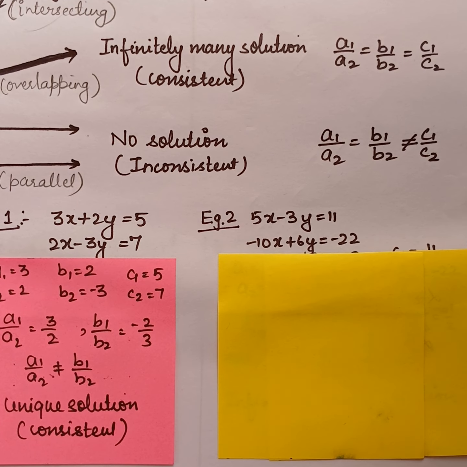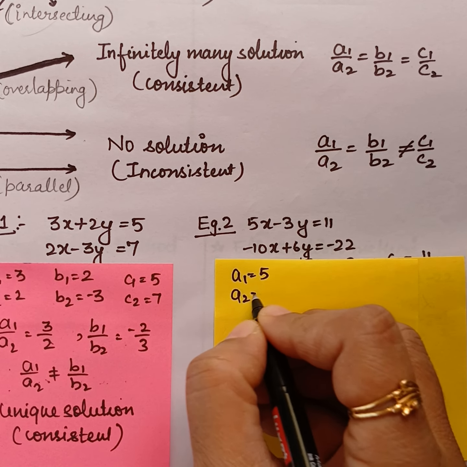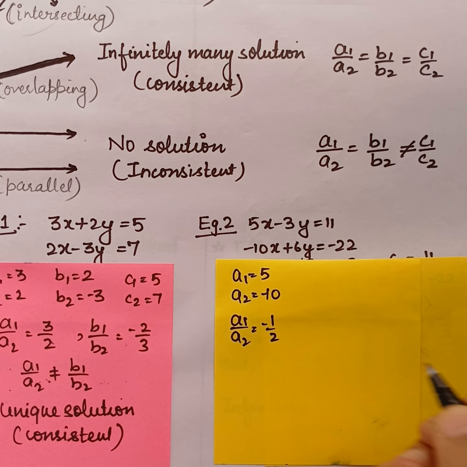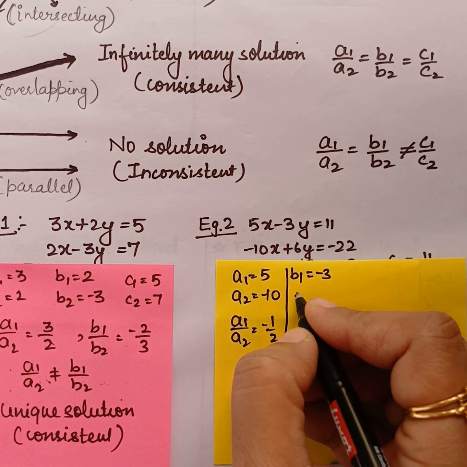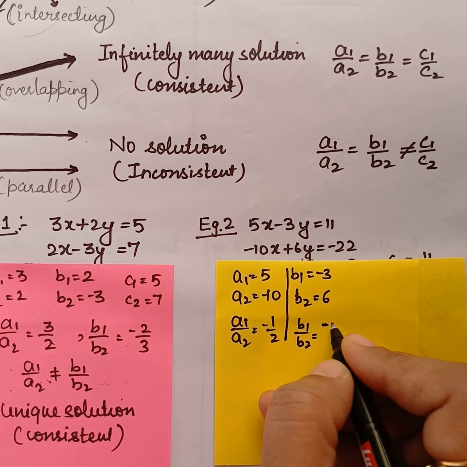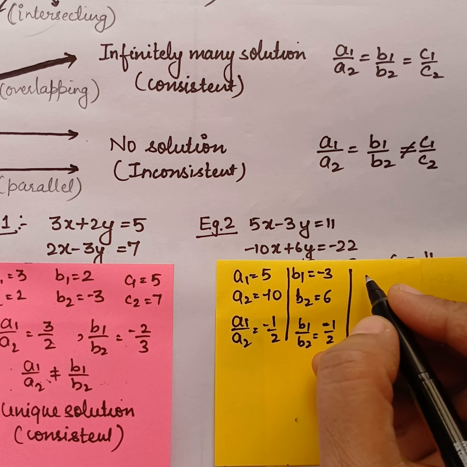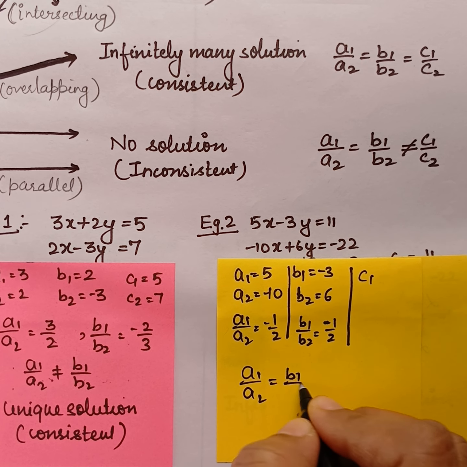Now another example. Here a1 is 5, a2 is minus 10. So we will have a1 by a2 as minus 1 by 2. Now we will check for b1 by b2. b1 is minus 3, b2 is 6. So we will have b1 by b2 also minus 1 by 2. Now we will check for c1 by c2 as well, because here a1 by a2 is equal to b1 by b2.